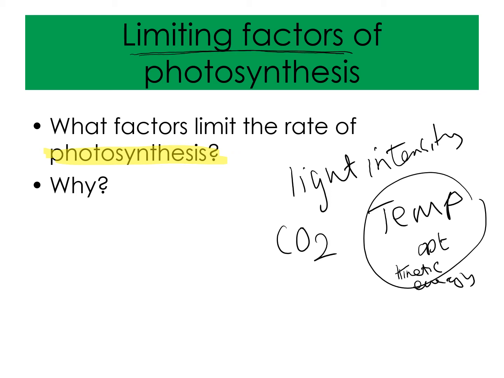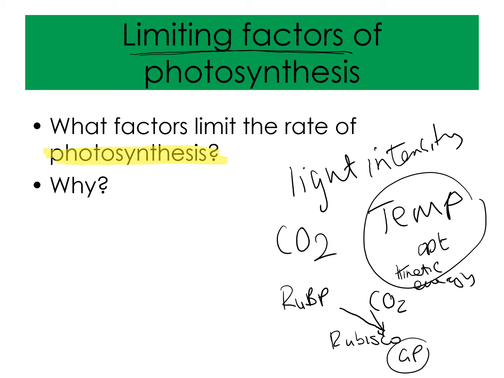So if you've got a very low temperature, then what will happen is we will have few collisions between our RuBP and our carbon dioxide and our rubisco enzyme active sites, and so that reaction will be slow, and if that reaction is slow, that will slow the whole of Calvin cycle.